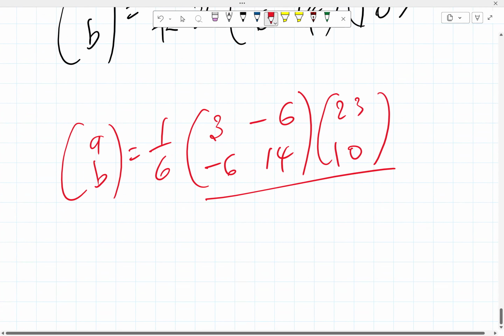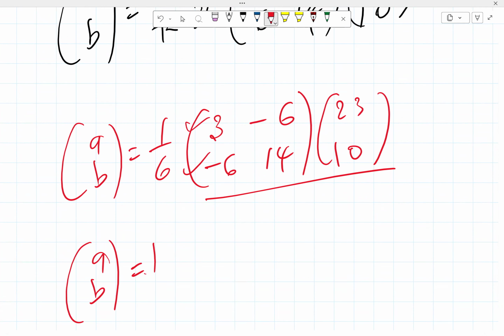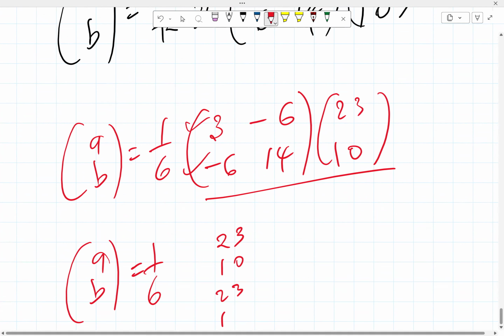We can do this. So A, B is equal to, of course, this is 2 rows. We can keep the constant first. So we have 1 over 6. For the 2 rows, now write 23, 10 twice. So we have 23, 10, 23, 10.